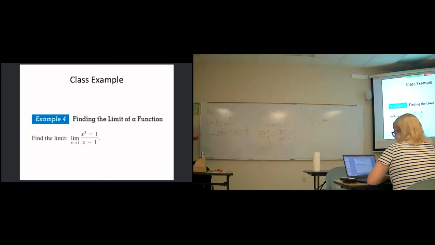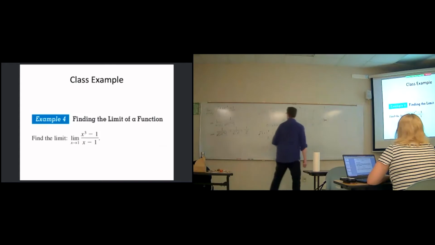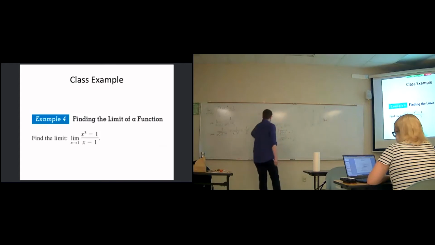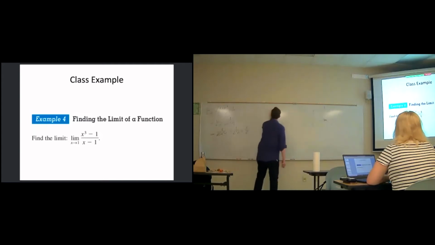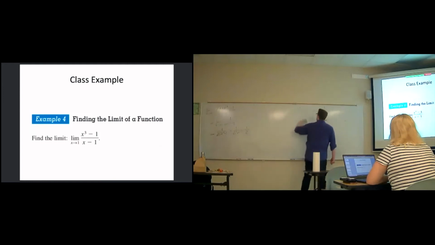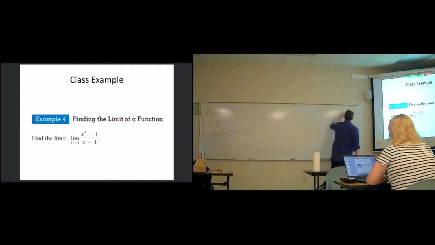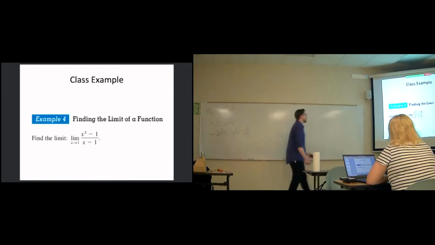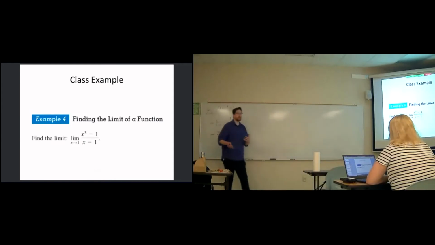So the rule of thumb in solving for limits is to avoid a table. You don't want to use this. They take too much time, too much work, and they may not necessarily give you the right answer. Instead, try to solve it algebraically to find a function that's equal to your original function everywhere except at a point.